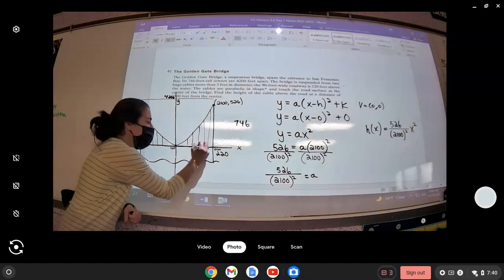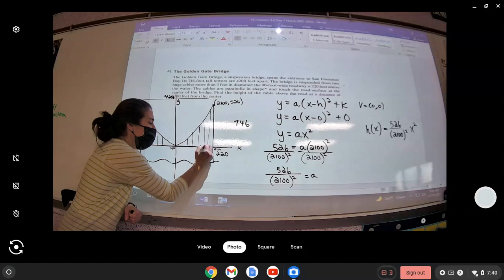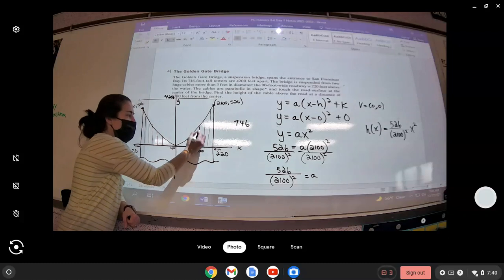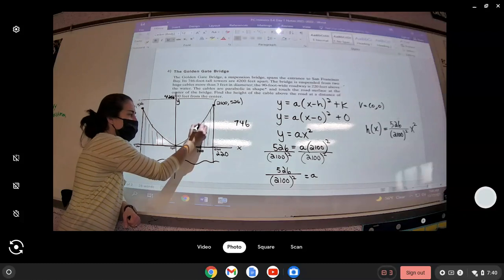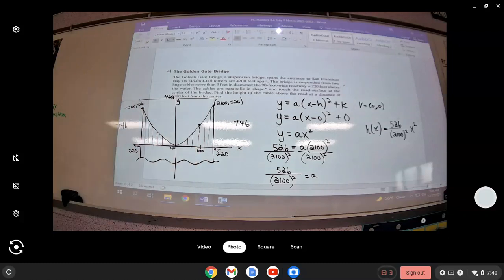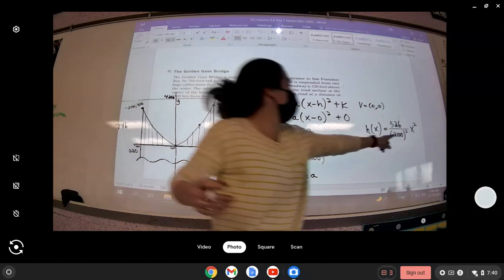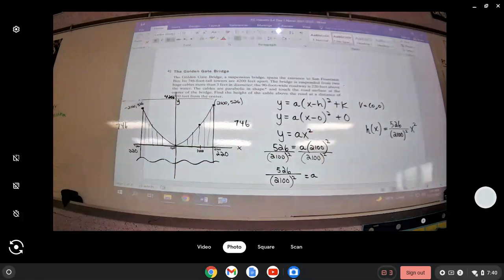They want to know when you are 1,000 feet from that center, what is the height of that cable? So I just need the y coordinate when x is who? 1,000. So what are you going to do with 1,000? Plug it in. Plug it in for x right there and find out what is going to be the height of that cable when x is 1,000 feet away from the center.